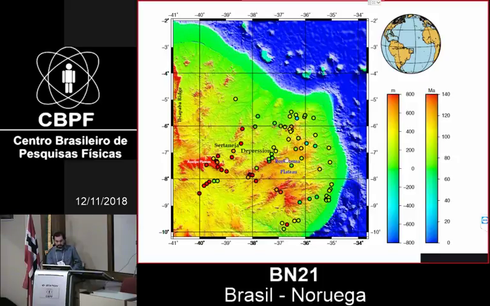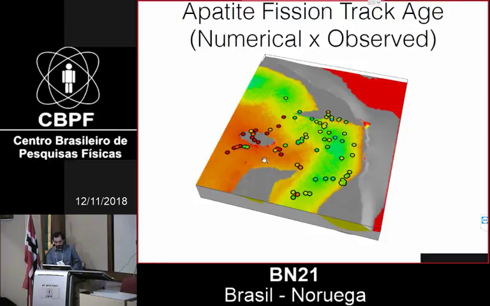We have the younger ages close to the Borborema Plateau in the interior of the continent, and these young ages are not observed in the margin and around the interior basins. And here I show the predicted fission track age in the numerical model in the map, and the dots represent observed data.